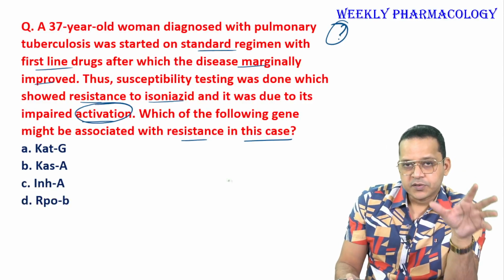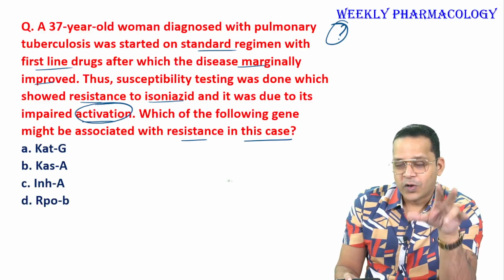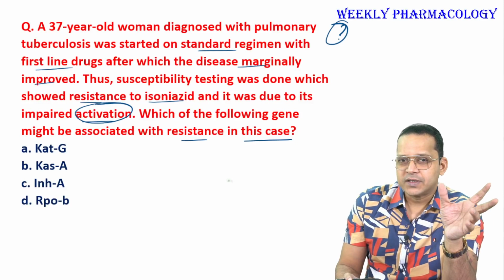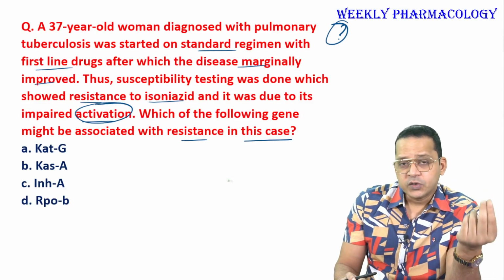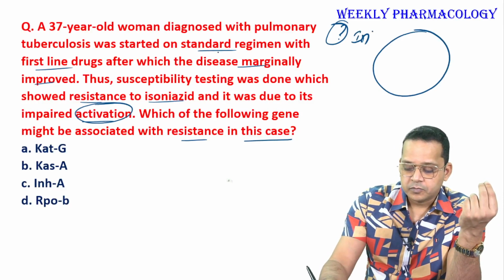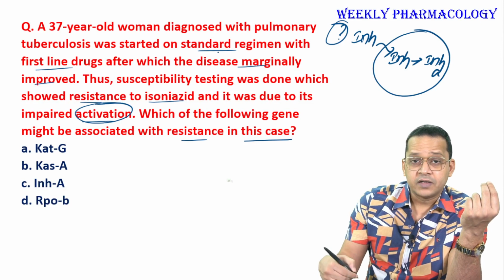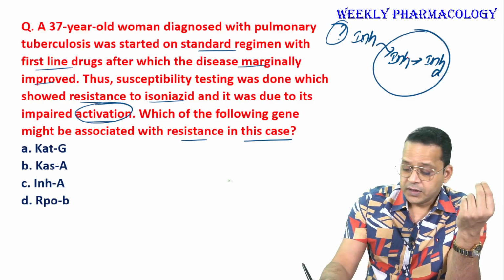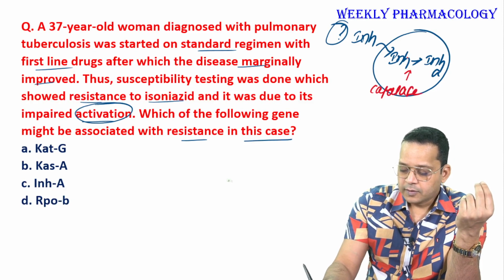So again, this is an MCQ that has been asked in our exam recently in one of the INICET. I've changed it, made a clinical case out of it, right? Now see, isoniazid is inactive, and inside a bacteria, whenever isoniazid goes, it is activated into INHA or active isoniazid, and for this, I need an enzyme called catalase peroxidase.